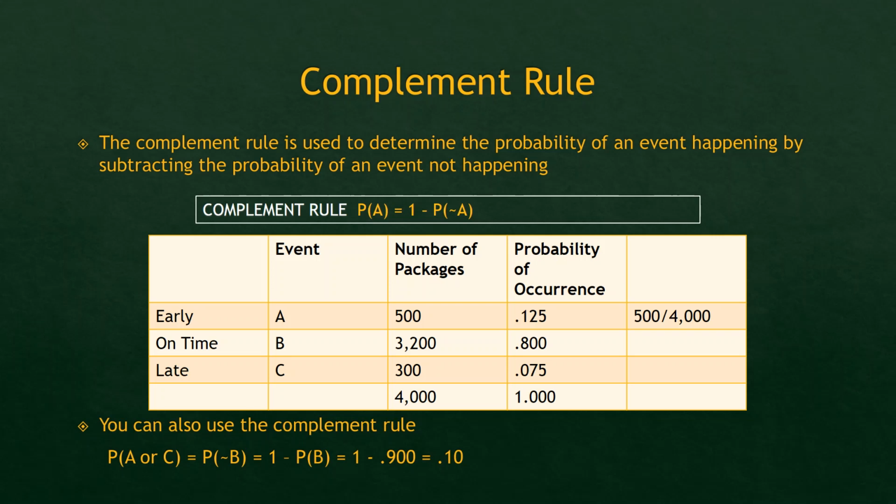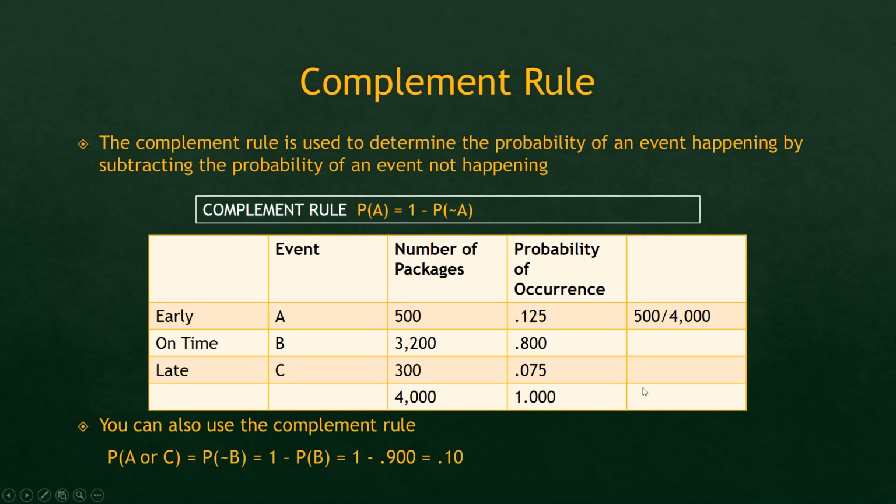And the reason why this works is the probability of all occurrences happening, if they're mutually exclusive, will add up to 1. And so the probability of A equals 1 minus the probability of A not occurring. Okay, so the probability of B and C, you subtract that from 1, and that gives you the probability of A.